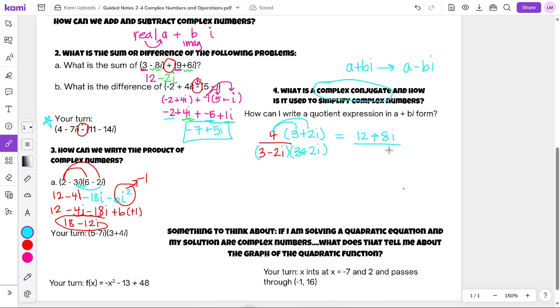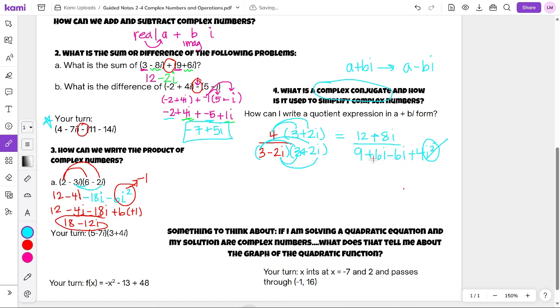And then on the bottom, when I multiply 3 times 3, I get 9. Sorry, it's a difference of squares, not a perfect square. When I multiply 3 times 2i, I get 6i. Then I'm going to come back and get negative 6i. So my middle stuff goes away. And I have negative 4i squared. But we know that i squared is negative 1, so we'll mark that out and just change the sign of the 4.